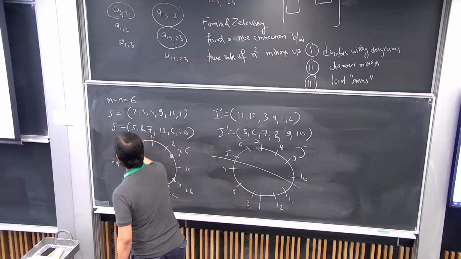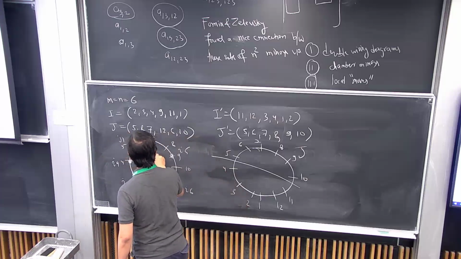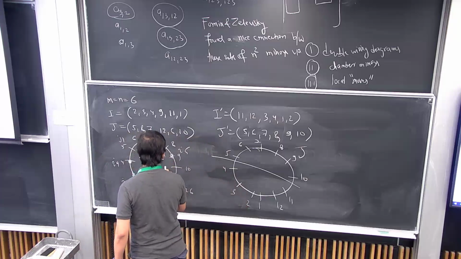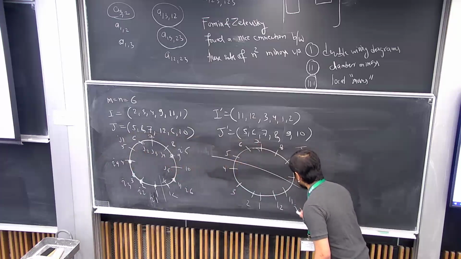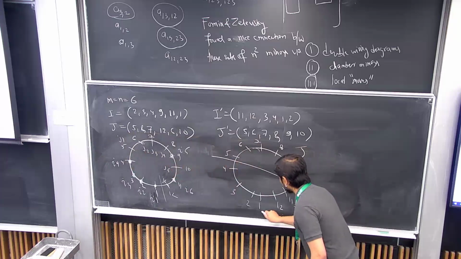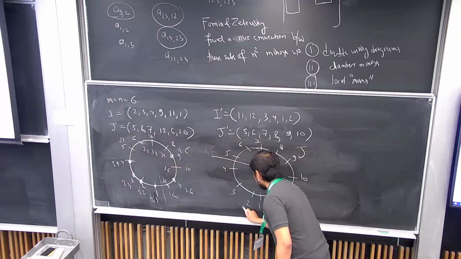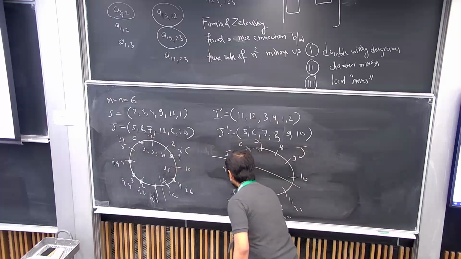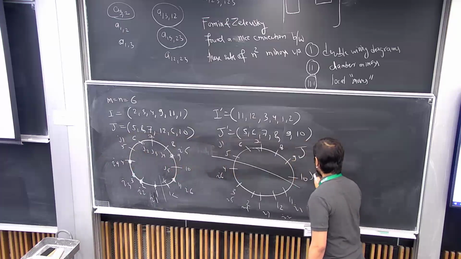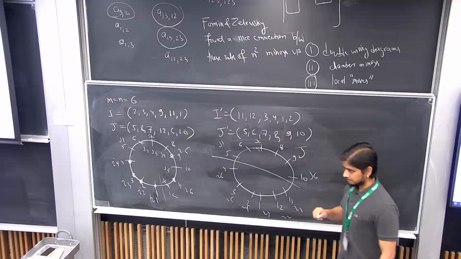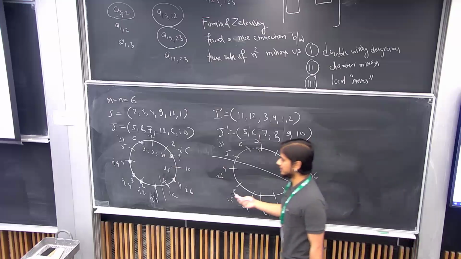And this is J1, J2, J3, J4, J5, J6. And similarly here, this can be my I1 through I6, and similarly, this is J1 all the way to J6.